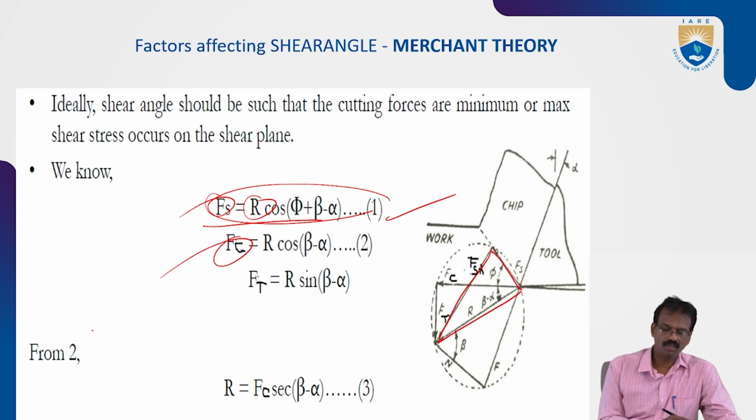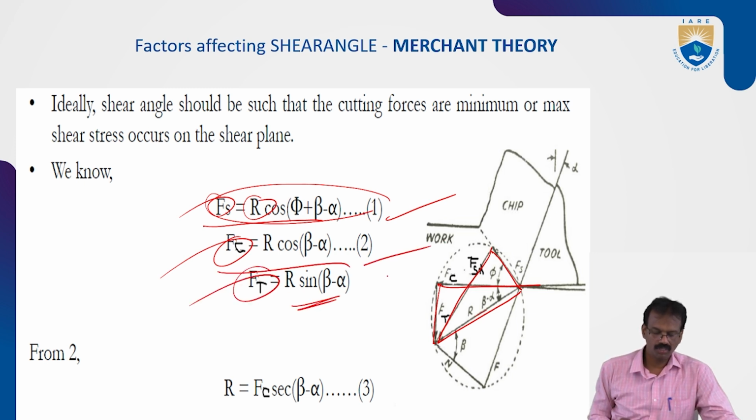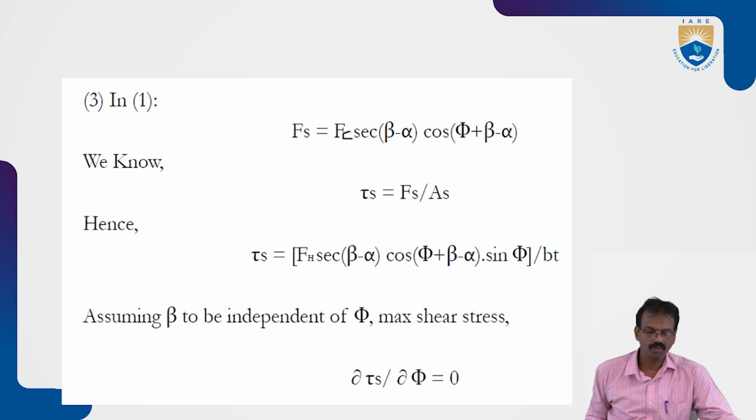Similarly, Fc with respect to R, by using the triangle. Then Ft is equal to this formula. So by using this, you can find out the resultant formulas also. So these are the different formulas.